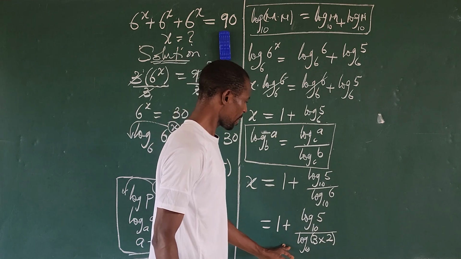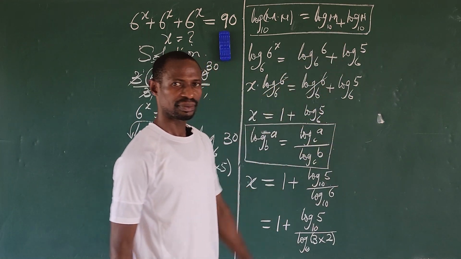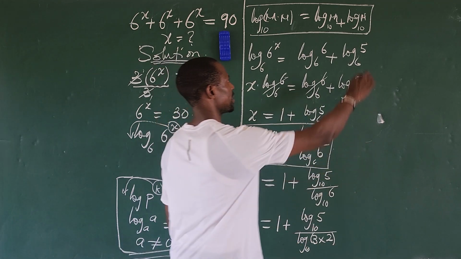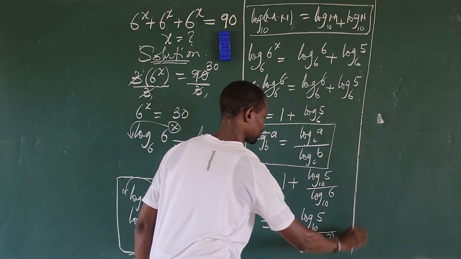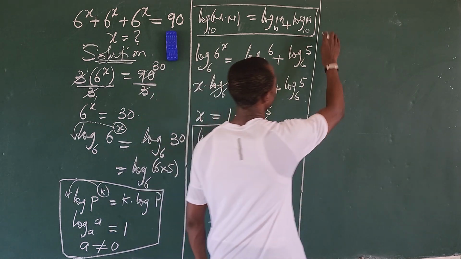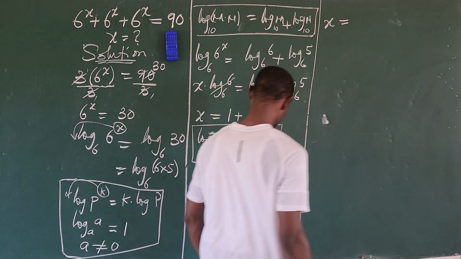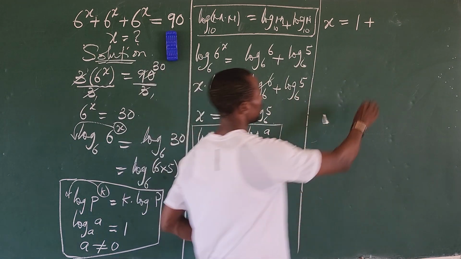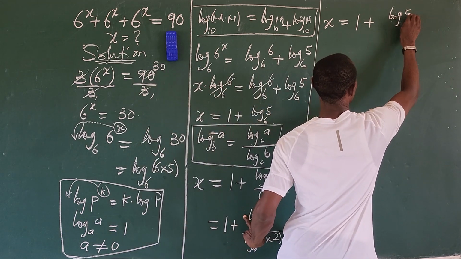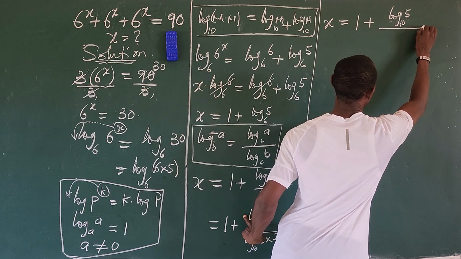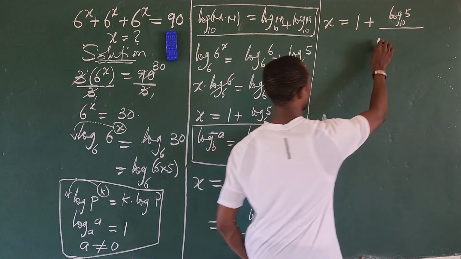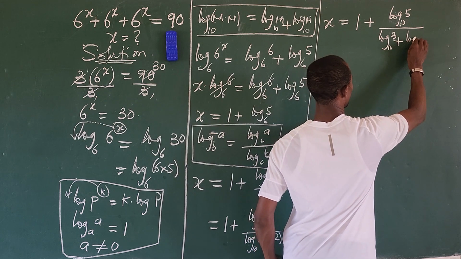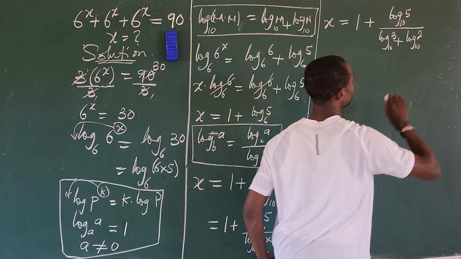Again, we apply the multiplication rule to this. So we can rewrite this expression again. So from here, let's continue. We're going to have x now equal to 1 plus log 5 base 10 all over log 3 base 10 plus log 2 base 10.